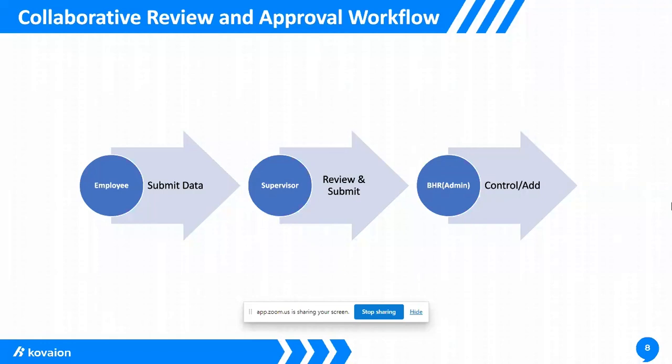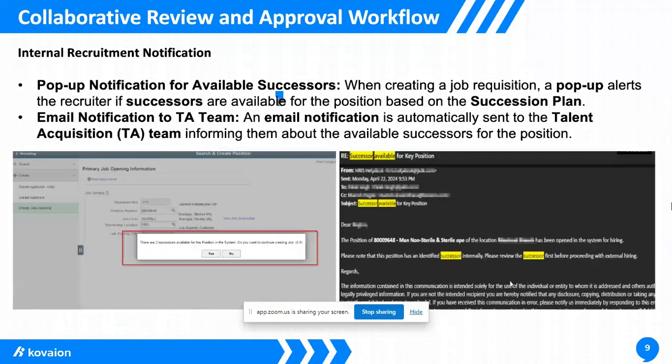He will review it, add some information from his end, and submit it. The BHR is like the admin who has entire control of the module. He can add, modify, or remove any data, and he can also control the access of the supervisor and employee pages. So that is the collaborative review and approval workflow.